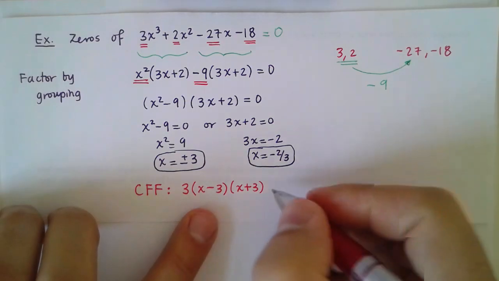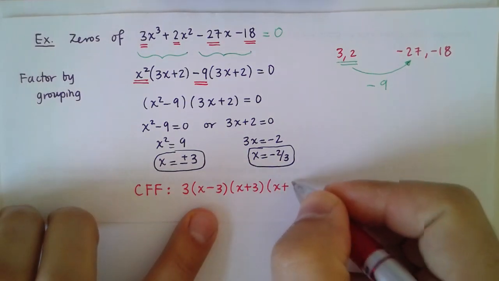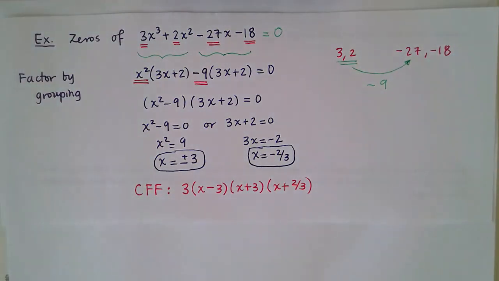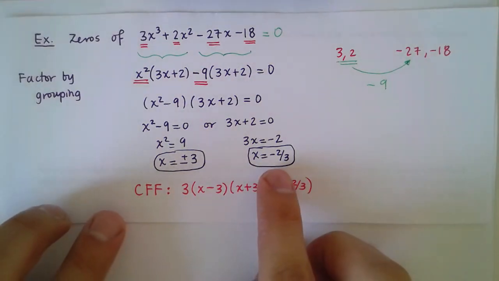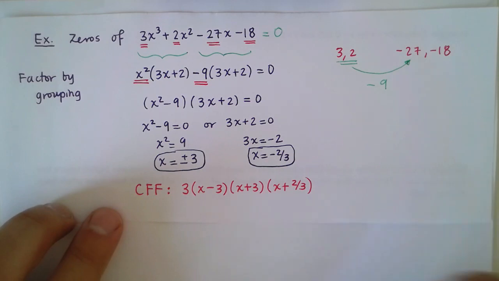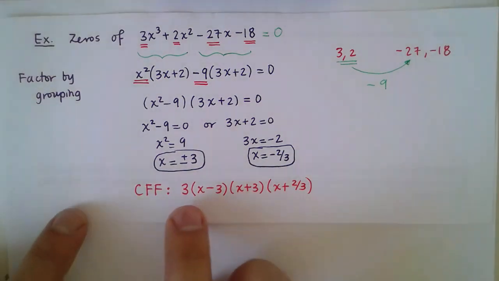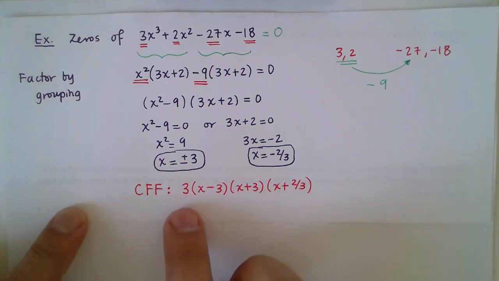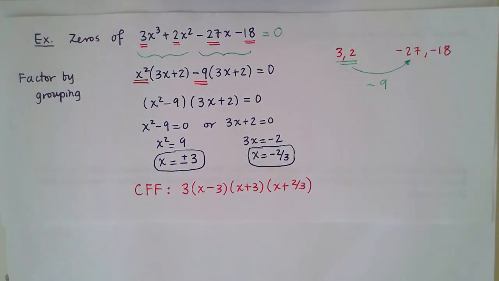For negative 2/3, you have x plus 2/3. Those are corresponding linear polynomials which take that 0, negative 2/3, as a 0. So this is the complete factored form. If you multiply these three factors and multiply by 3, you will get our function f. So this is one type.